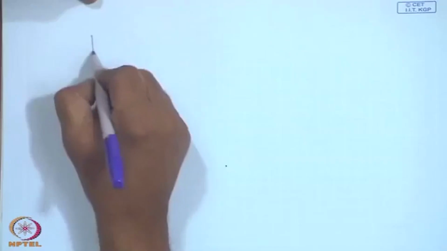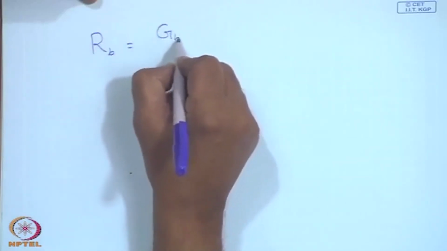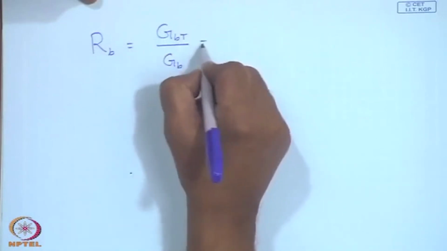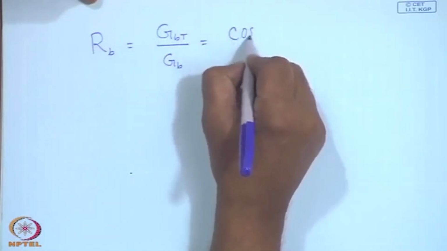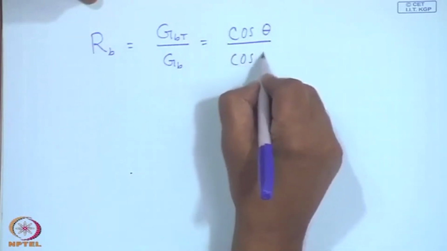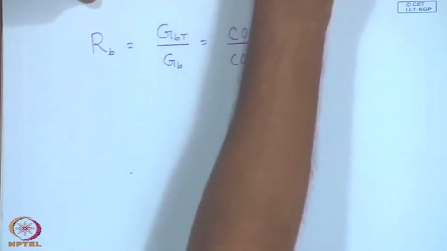So, now RB is by definition GBT by GB equal to cos theta by cos theta z. Okay.